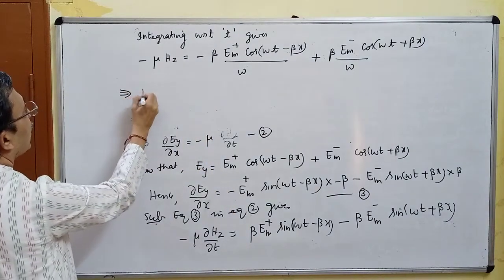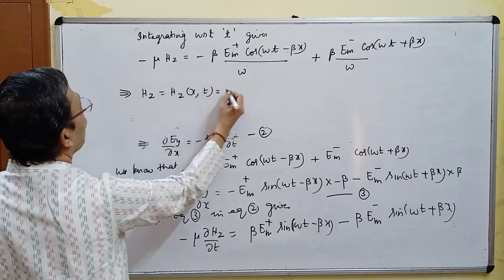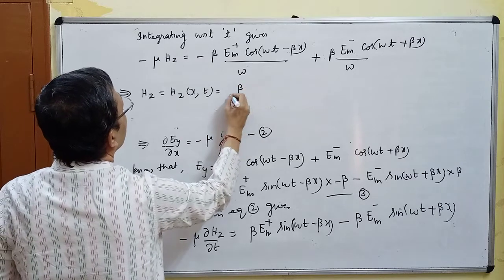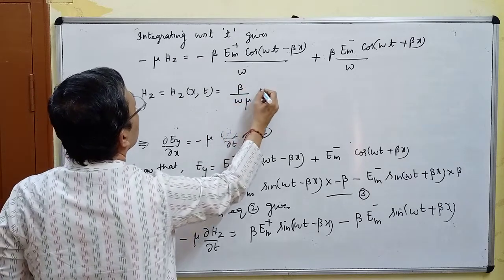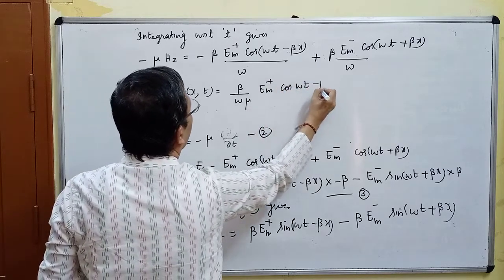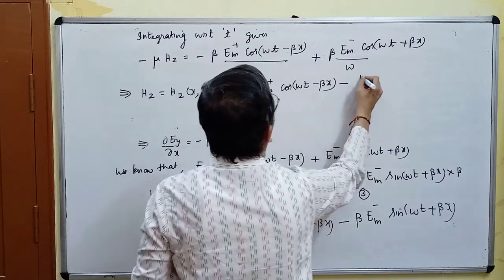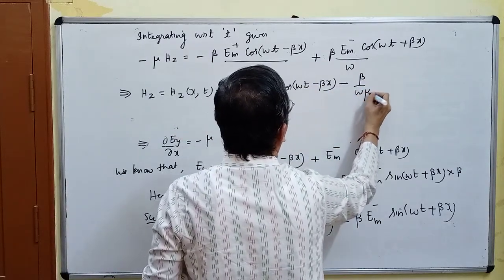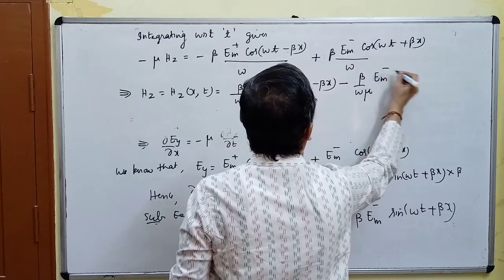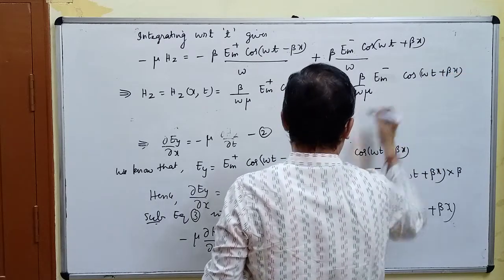This implies Hz, a function of x comma t, divide both sides by mu, so you get β divided by ωμ into Em+ cos(ωt − βx) minus β divided by ωμ into Em− cos(ωt + βx).